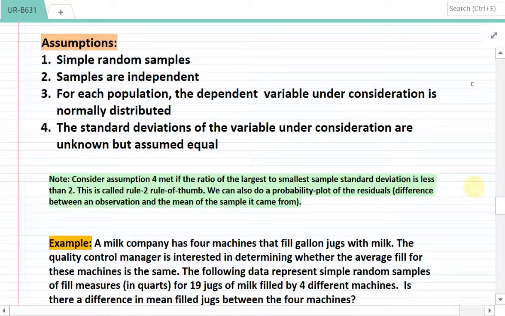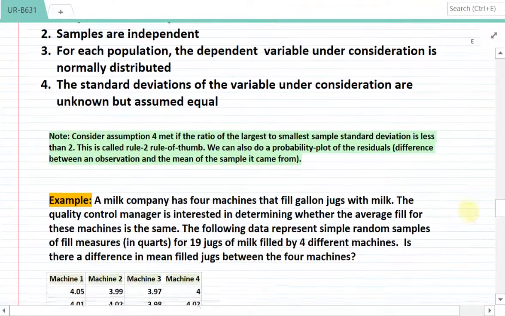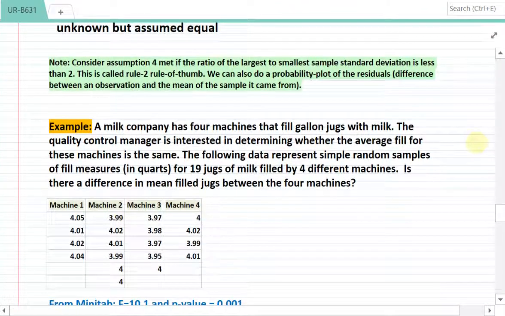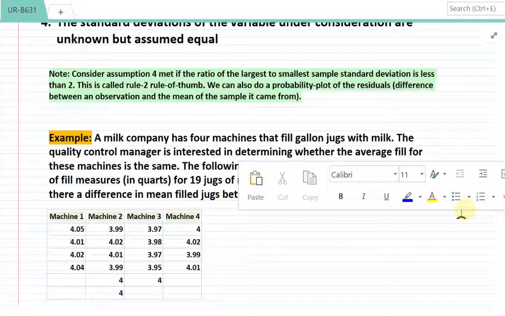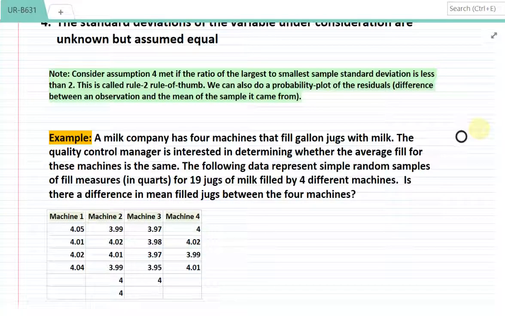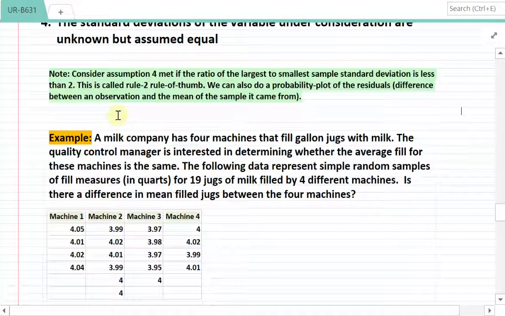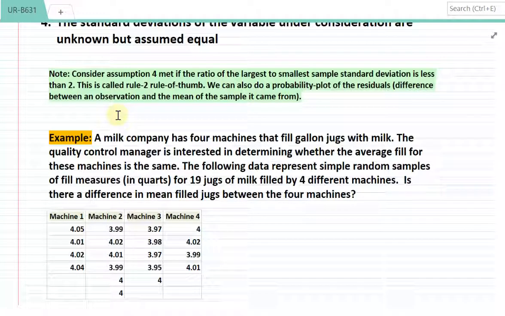Now, well, here we have an example. We actually will go to Minitab and do this in a moment. Now for this exercise, we have a milk company that has 4 machines that fill gallon jugs with milk.